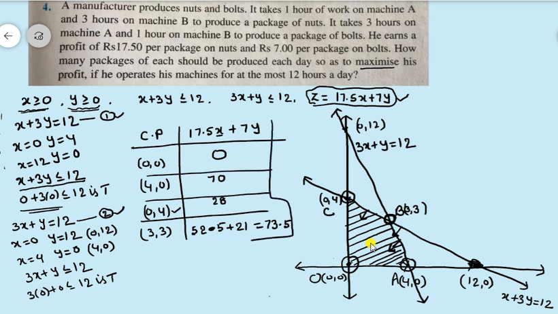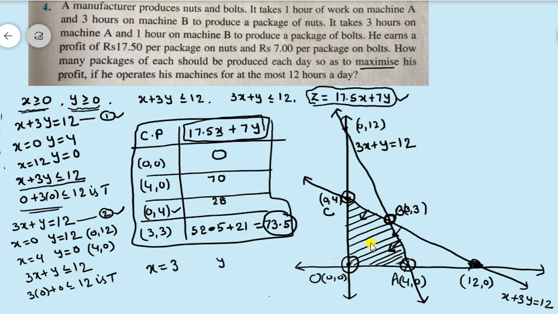73.5 is the maximum value. That's why we can say the objective function has a maximum value 73.5 when x is equal to 3, y is equal to 3. X denotes number of packets of nuts, y denotes number of packets of bolts.